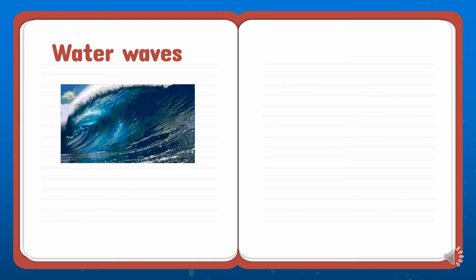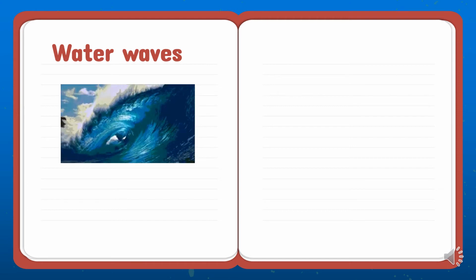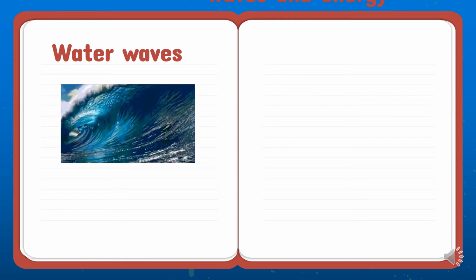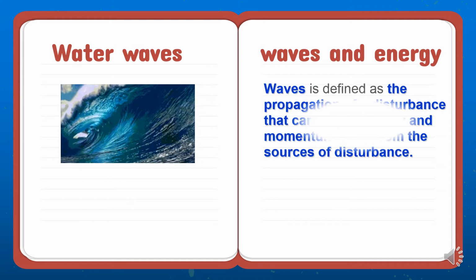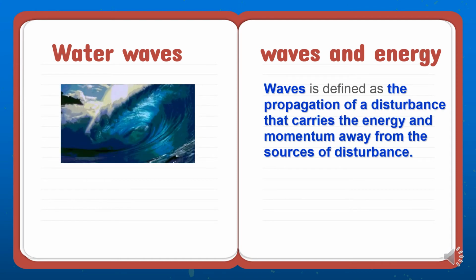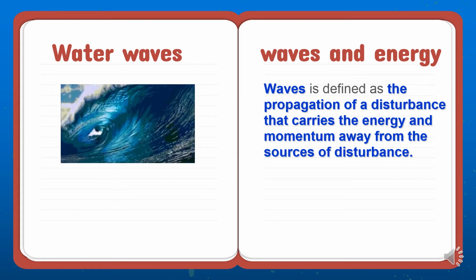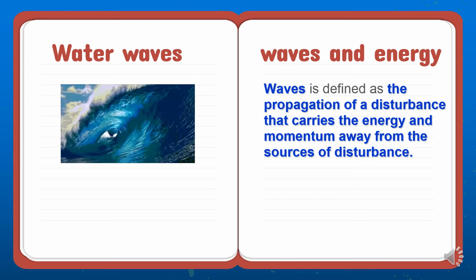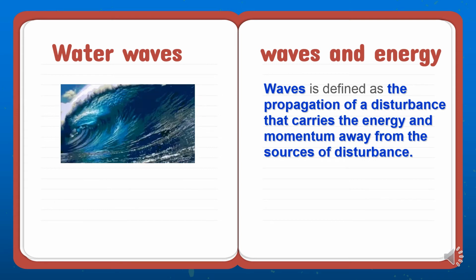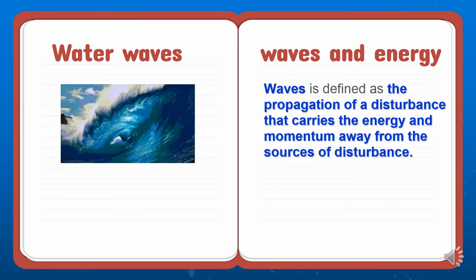This is an example of a water wave. Wave and energy: wave is defined as the propagation of a disturbance that carries energy and momentum away from the source of disturbance.